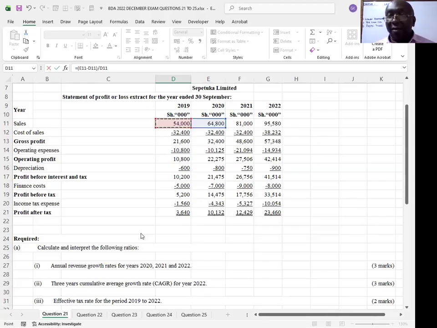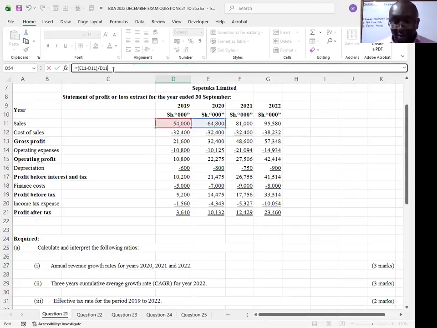If you are lost, come there to revenue 2020. I'm saying for us to get the growth rate for 2020, you'll say equals, you first of all open the brackets, then you get the revenue of 2020, that is the new value.